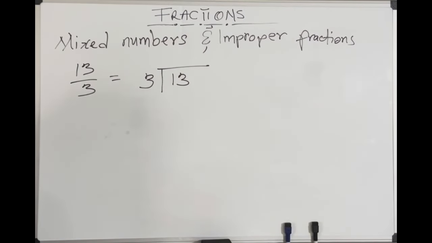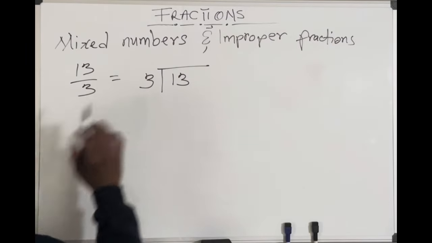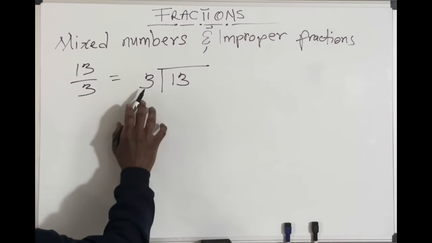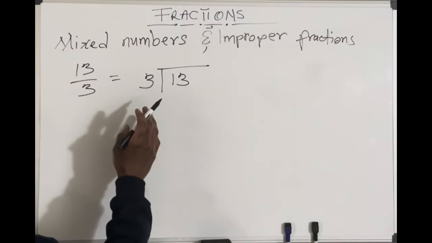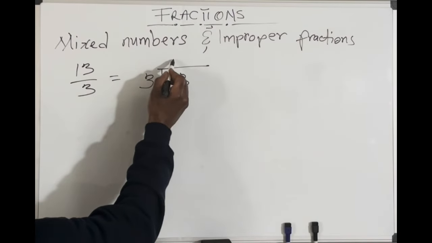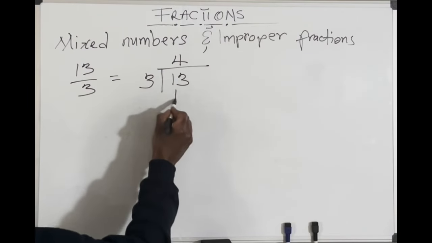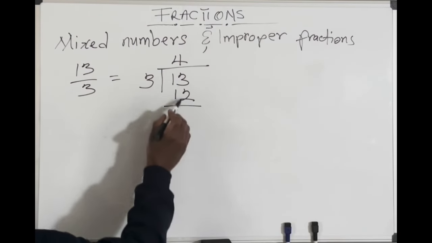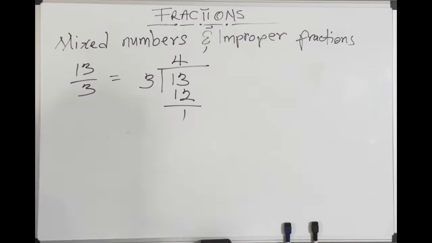Okay, so 3 times one number will give us 13. So 3 times 4 will give us 12. It's close, so we pick the 4. 3 times 4 is 12. Okay, subtract, and you get 1, because we want a mixed fraction which includes a whole number and a fraction.